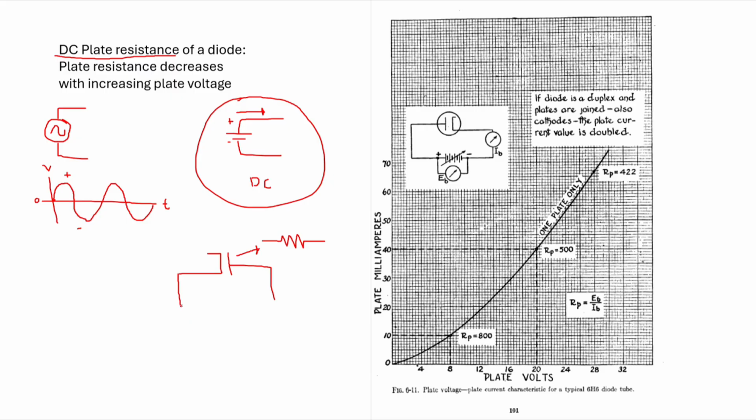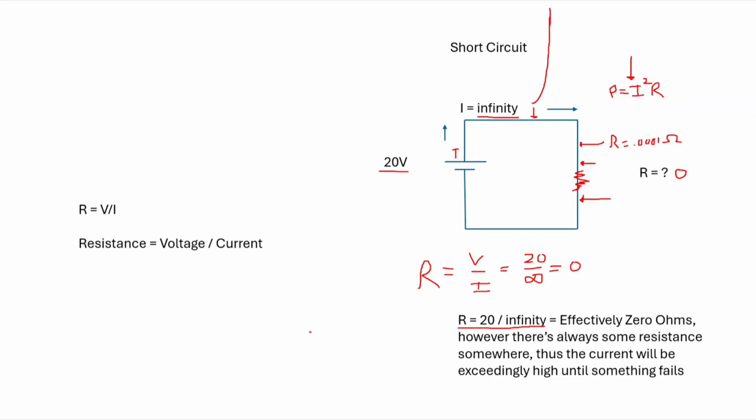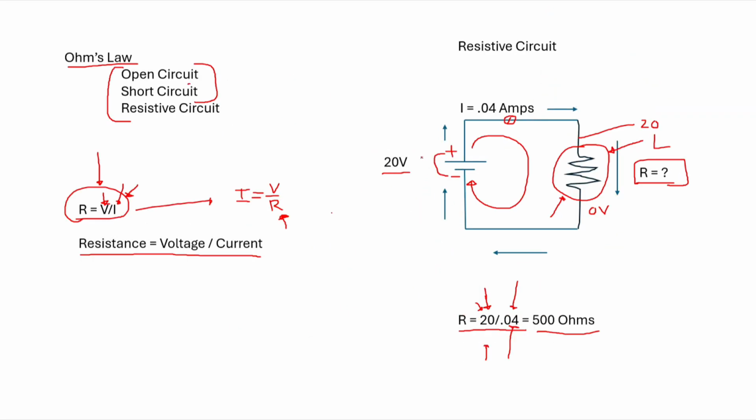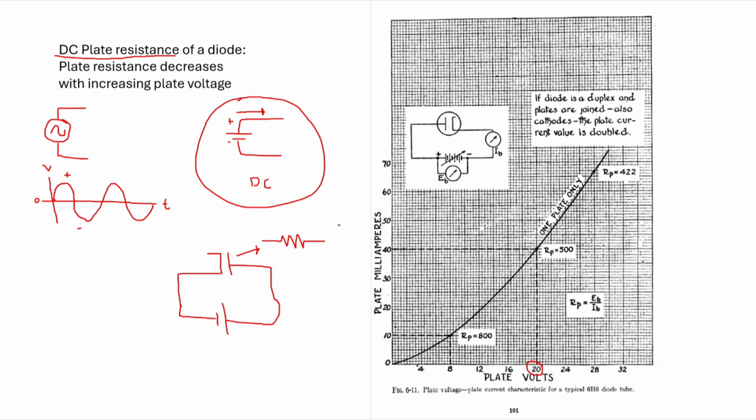Let's go back and apply a voltage, and let's pick 20 volts, going back to this example right here. That's why these characteristic curves for vacuum tube devices become important for designers. So let's pick 20 volts and find out what this resistance is.